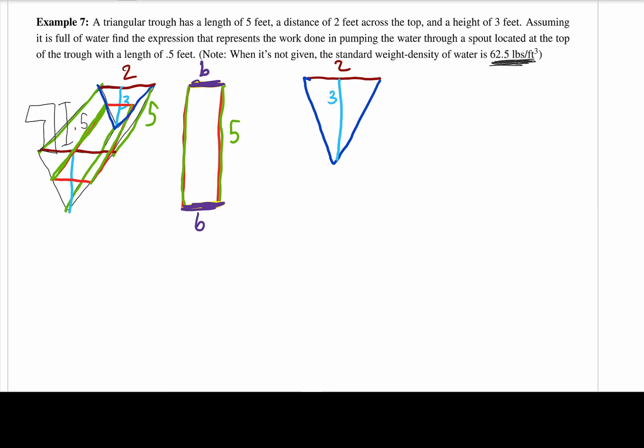This is 3. We don't know what these blue edges are, but what we're looking for is this little red part right here, which corresponds to this and to this. I want to know what that distance is, that way I can get the area of this slice.